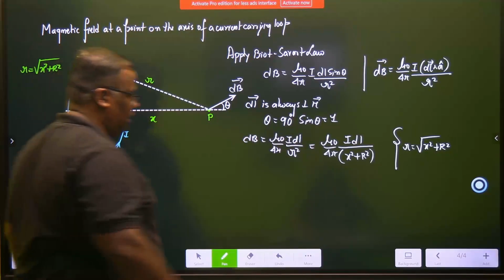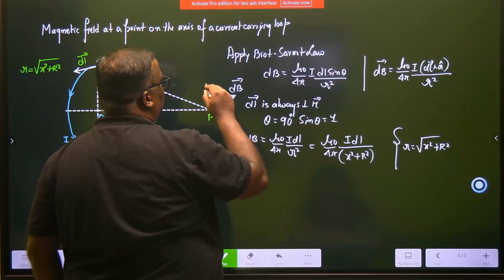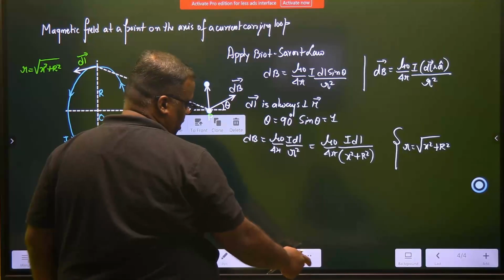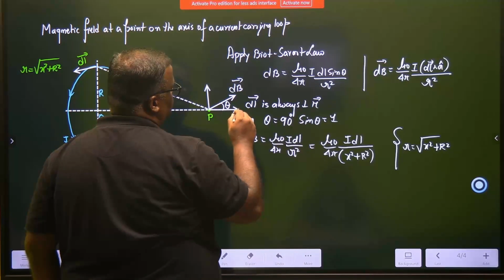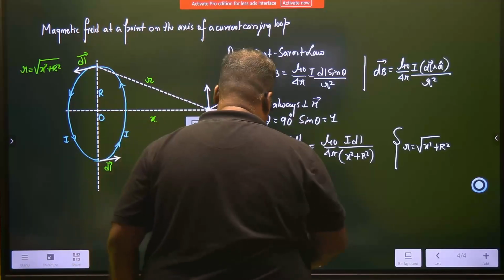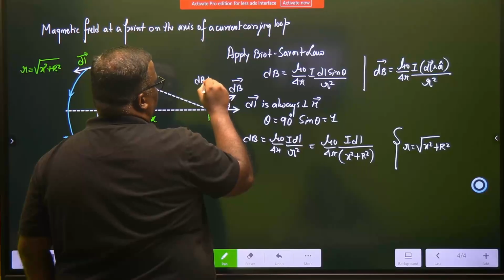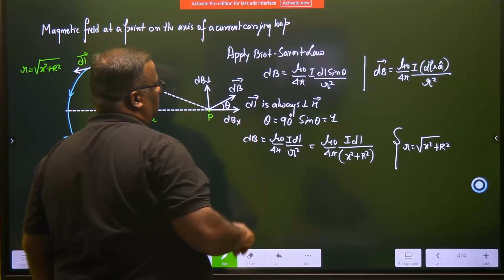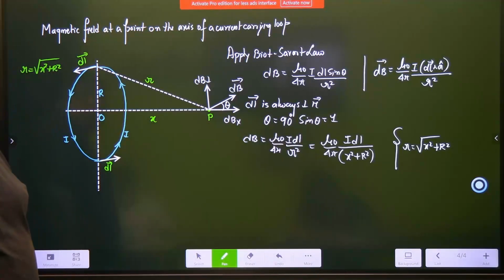Got it? If it makes an angle theta, then you should be able to resolve it into its perpendicular as well as its horizontal components. You can call these dB perpendicular and dB x.